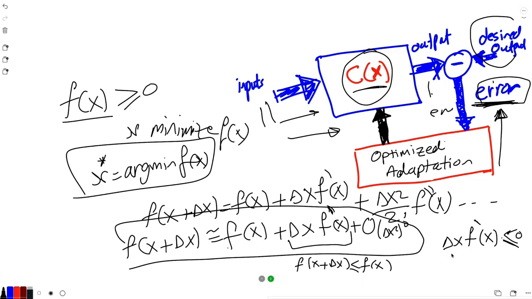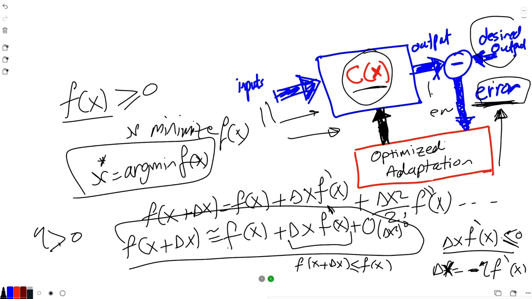This will be achieved when delta x equals minus f dash of x. Of course, here we multiply by a single parameter, eta. This eta is called the learning rate, and eta is a real number greater than 0.